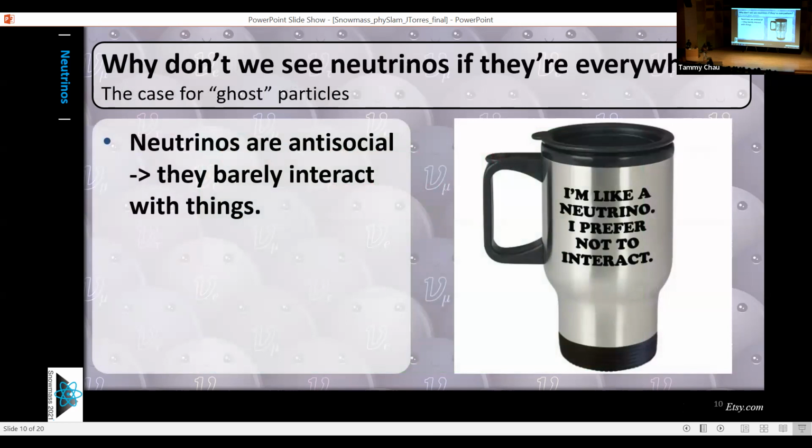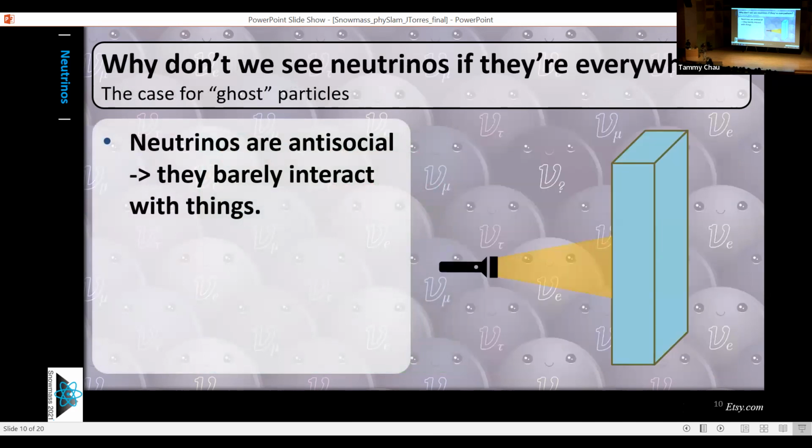So again, to give you an analogy in real life of what small, low interacting particles like neutrinos mean, imagine a flashlight and a wall. You turn the flashlight on, you see the light coming, it stops on the wall, right? And that's because photons, which are particles of light, immediately interact. So photons are highly interacting particles. Now, imagine an electron comes to the wall. Electrons will penetrate the wall by a few inches.